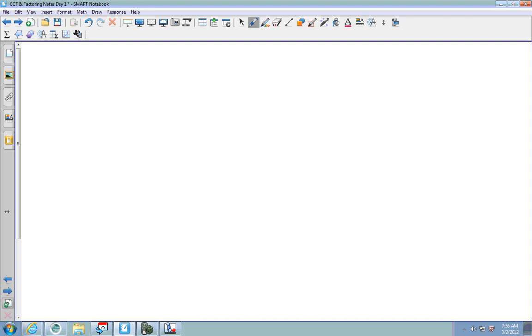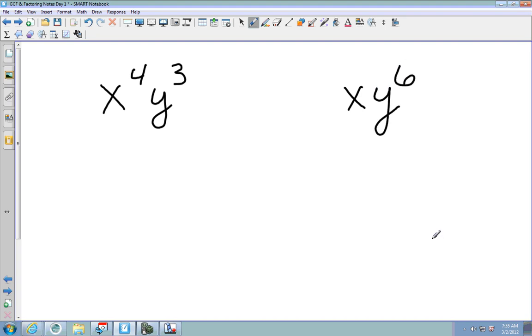Let me try a different one here. Let's do x to the 4th y to the 3rd, and x y to the 6th. We're going to find the greatest common factor. First off, is there an x in both of them? There is an x in both of them.